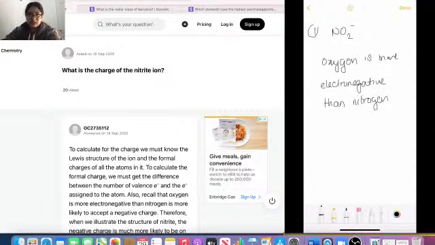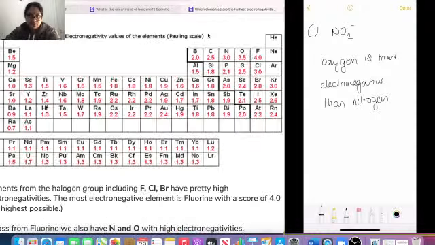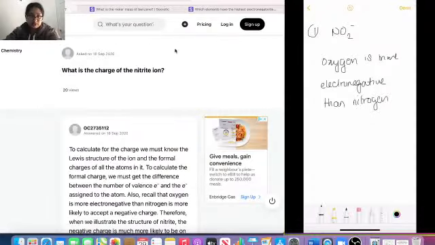You can see here that oxygen has an electronegativity of 3.5 and nitrogen has an electronegativity of 3. So when we draw the structure of nitrite, the negative charge is much more likely to be on the oxygen atom.